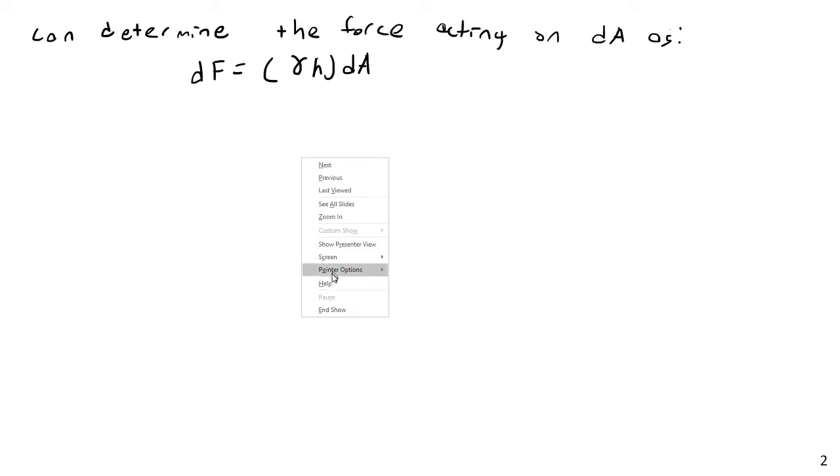So to get the force, all we really do is multiply by the pressure. Here, gamma times h is your pressure.